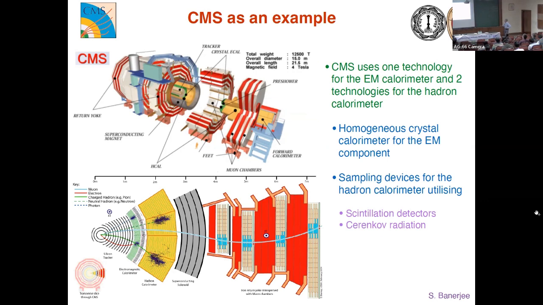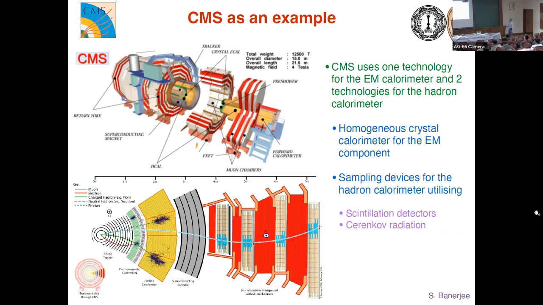Now, CMS uses essentially two technologies, one for the electromagnetic calorimeter and two for the hadron calorimeter. The calorimeter lies between a large tracking device and the magnet. That is the main region which bounds the calorimeter.